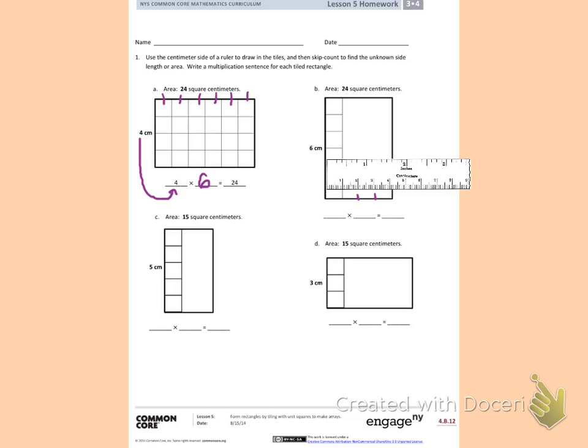Now I will go ahead and move my ruler and try to extend my lines. That wasn't very straight. Let's see if I can make this one better.